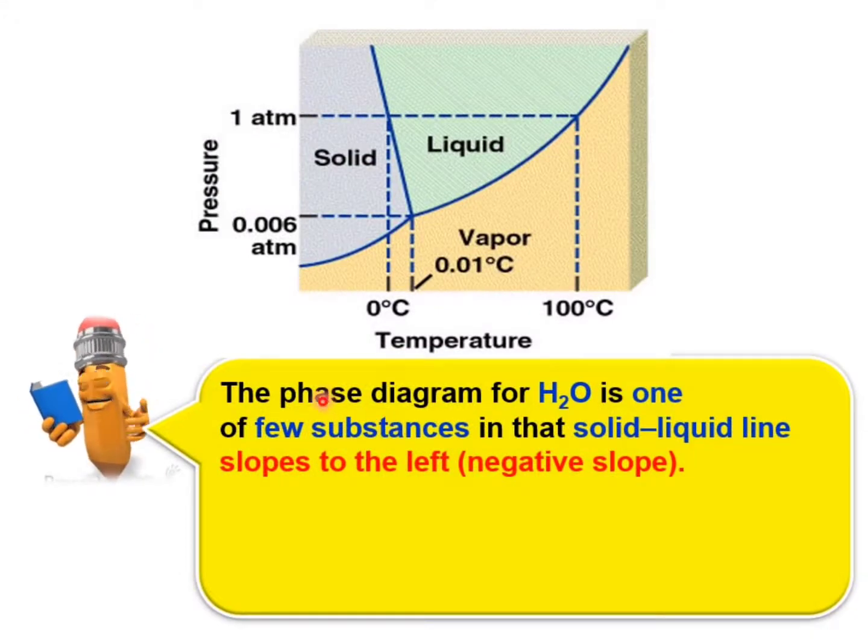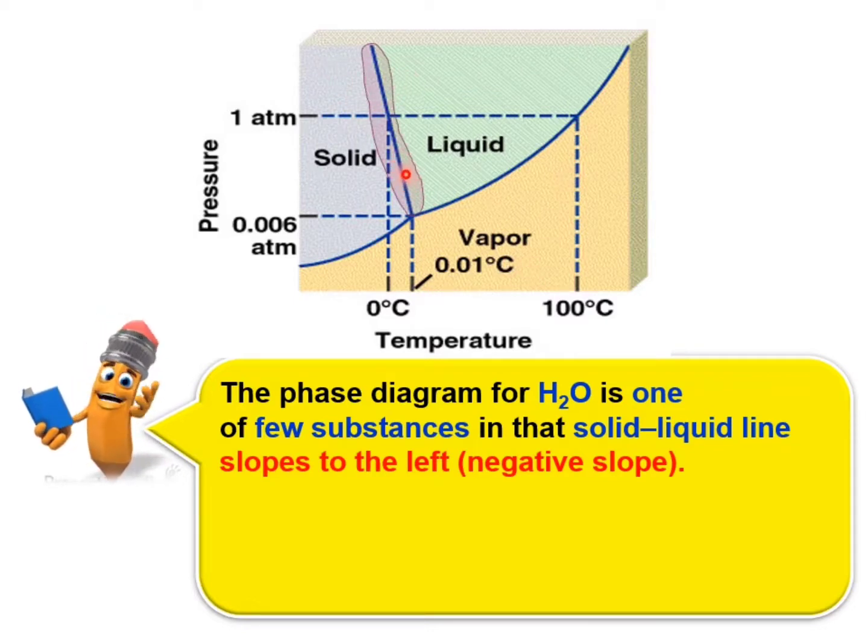Okay guys, if you look at the phase diagram of H2O, it is one of few substances in which the solid liquid line slopes to the left. So ini yang Madam kata tadi, dia lain daripada yang lain di mana slope solid liquid line ni berada pada negative slope. Sebab apa? Dia condong ke arah kiri.